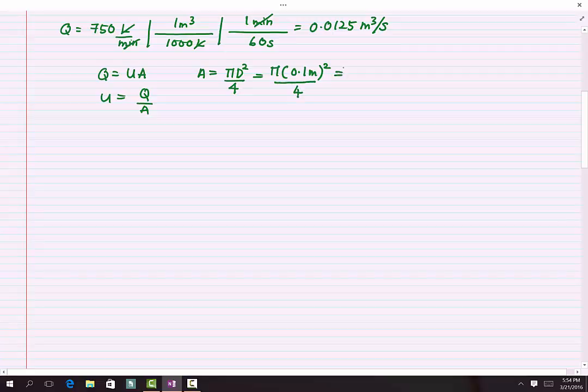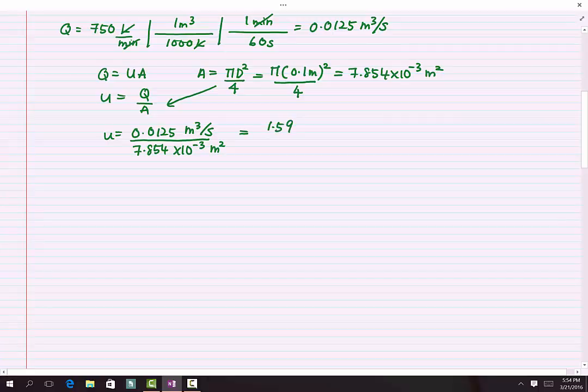You will get the area is 7.854 times 10 to the power of minus 3 meter square. Substitute into the equation: U equals 0.0125 meter cube per second divided by 7.854 times 10 to the power of minus 3 meter square. So you will get your velocity is 1.5915 meter per second.